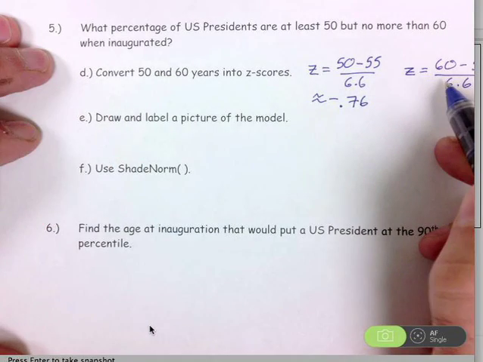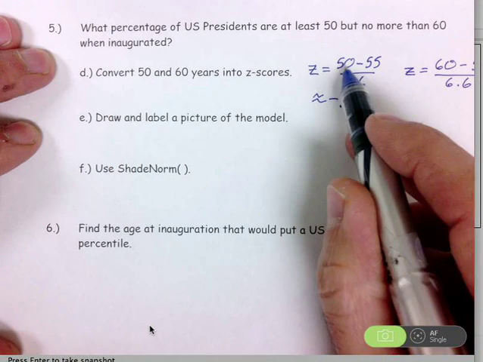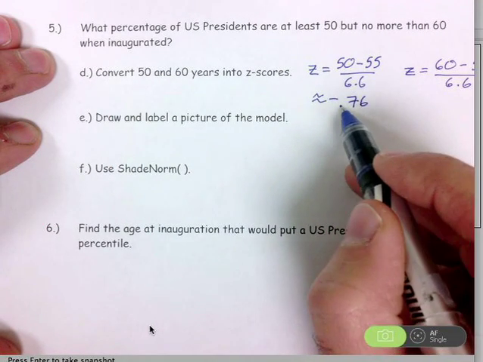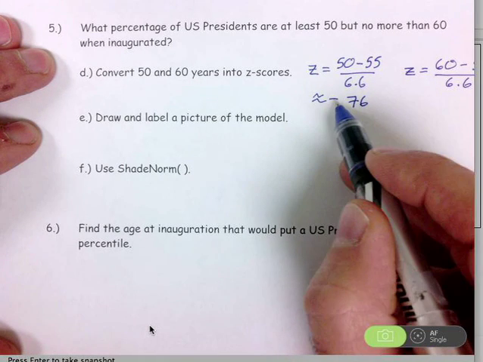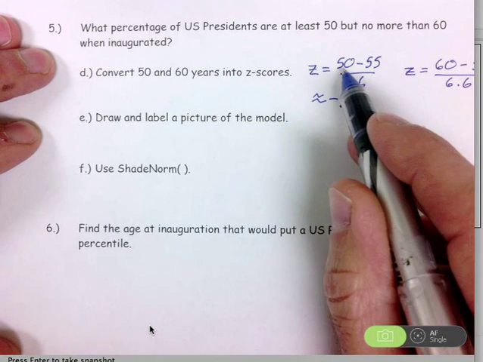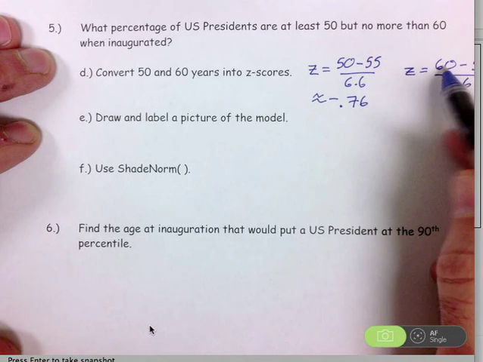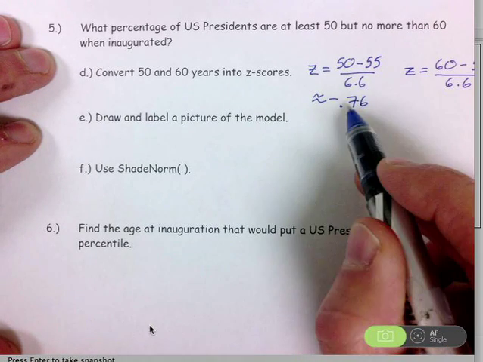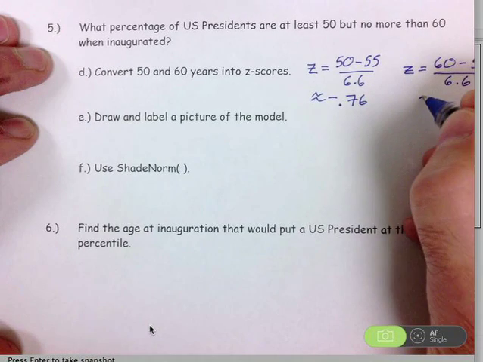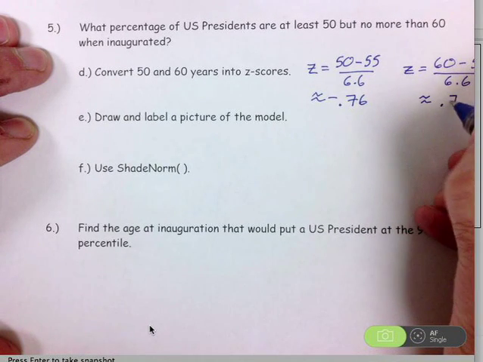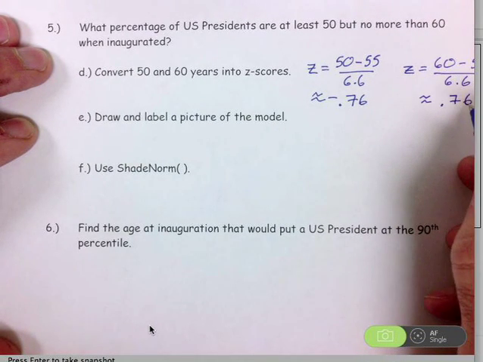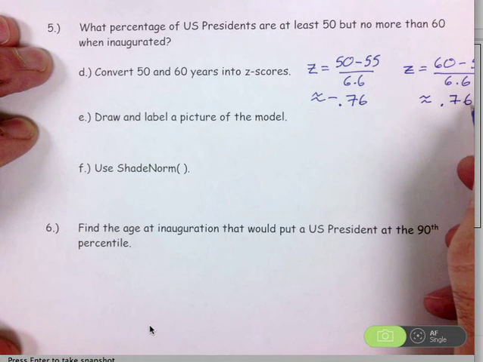Notice this z-score represents 0.76 standard deviations below the mean. Well, that's 5 years below the mean. 60 is 5 years above the mean. It will be the same: positive 0.76 standard deviations above the mean.